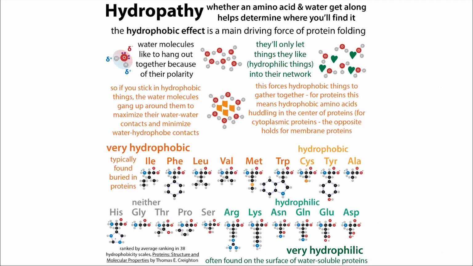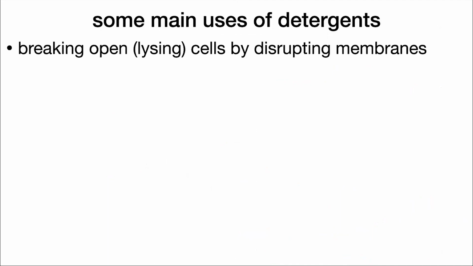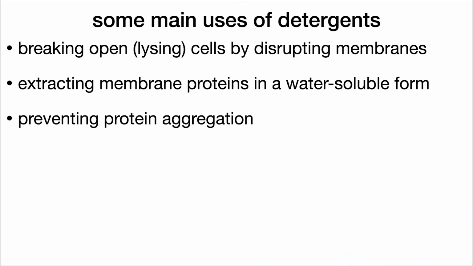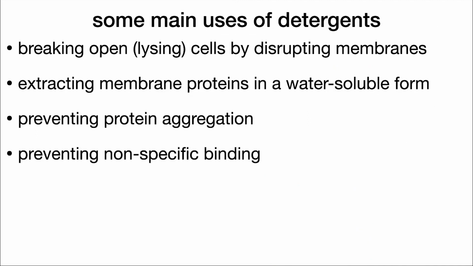So we can use detergents for a lot of different purposes. And some of the main things that we use them for in the lab are breaking open cells, so lysing them by disrupting those membranes, extracting membrane proteins in a water-soluble form, preventing proteins from aggregating by protecting those hydrophobic parts from clumping together, and preventing non-specific binding, so proteins just binding to surfaces because those hydrophobic parts don't have anything else to hang out with.